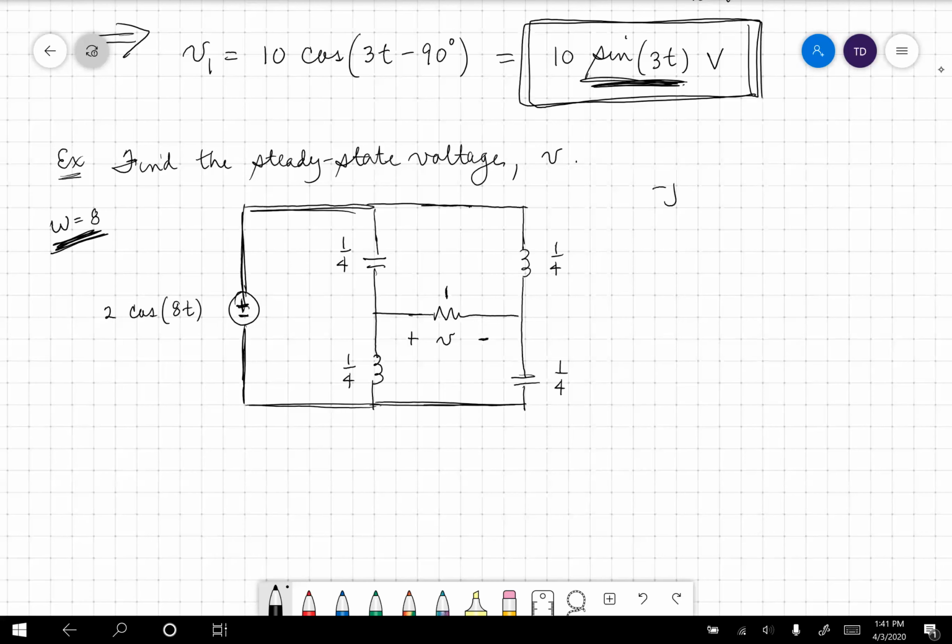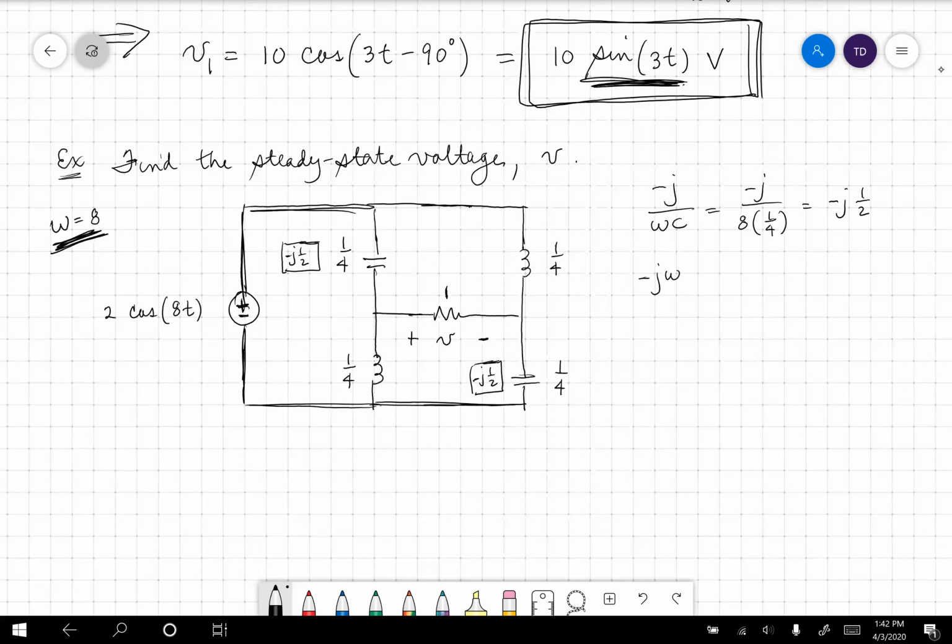So minus J over omega C for those 2 capacitors is minus J over 8 times 1/4, and that's equal to minus J 1/2. So this capacitor is minus J 1/2, and this capacitor is minus J 1/2. Let's do the inductors.